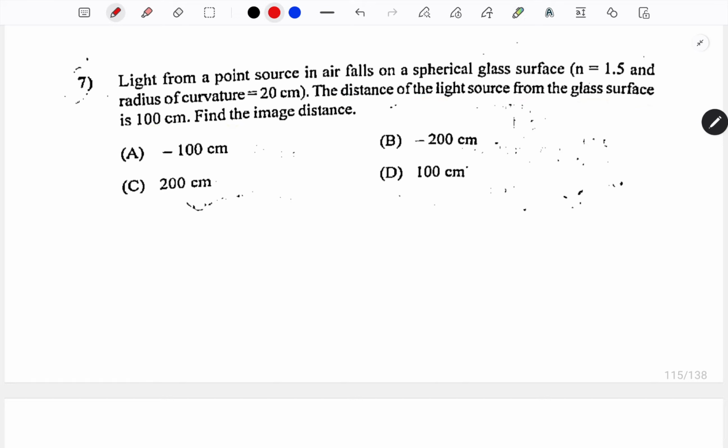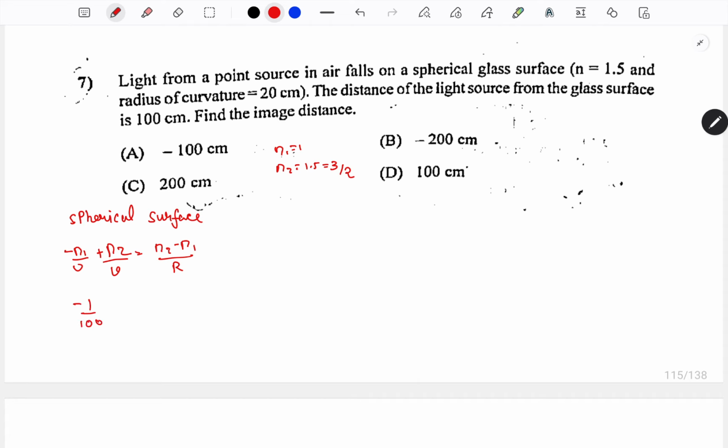Here, for a spherical glass surface, we know that minus n1 by u plus n2 by v is equal to n2 minus n1 divided by R, and n1 is air, so n1 is equal to 1 and n2 is equal to 1.5, which we can also write as 3 by 2. So in our answer, minus 1 by 100.